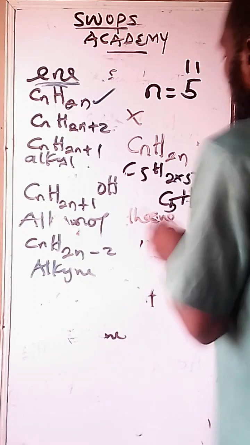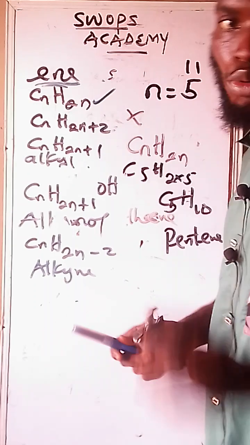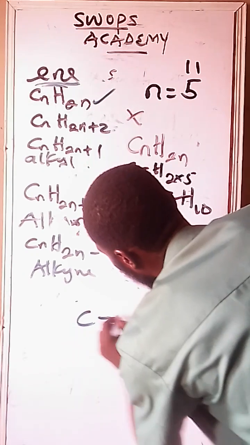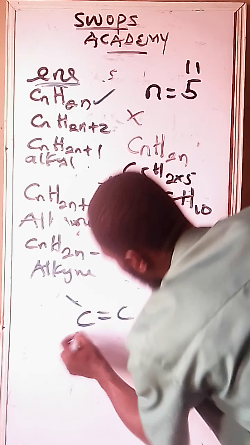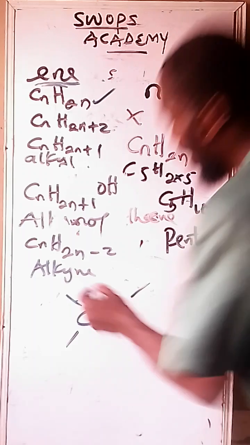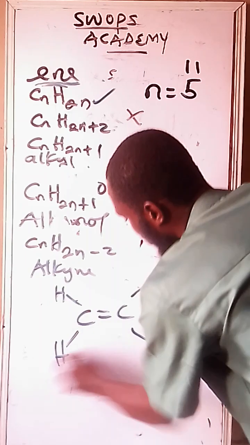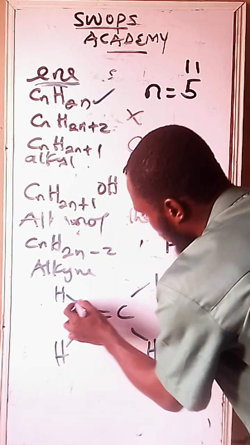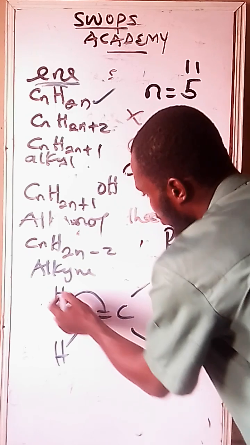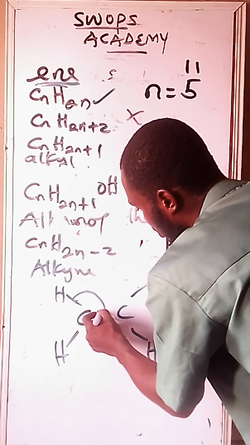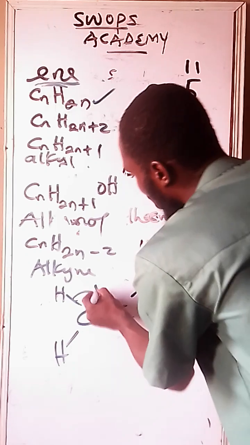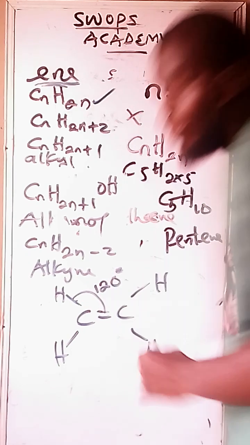Are we together? Now, it also has a bond angle. These are the key words. Alkenes, maybe this is ethene, as I show you. The bond angle, meaning from this hydrogen to this carbon here, the bond angle is 120 degree.